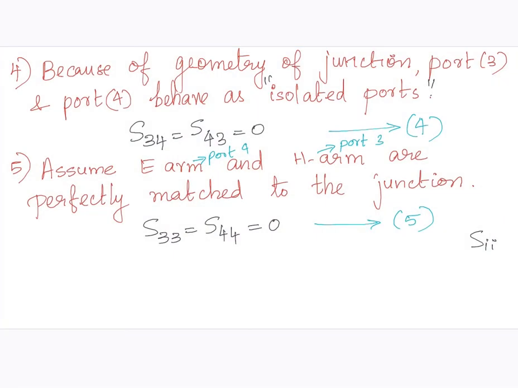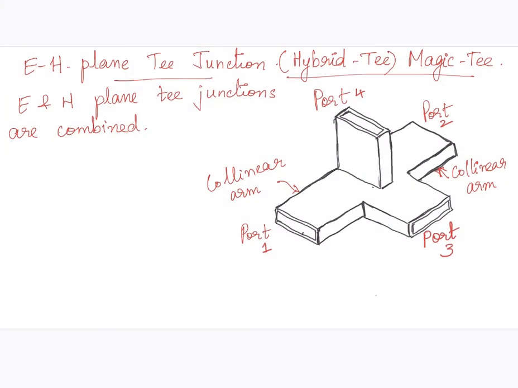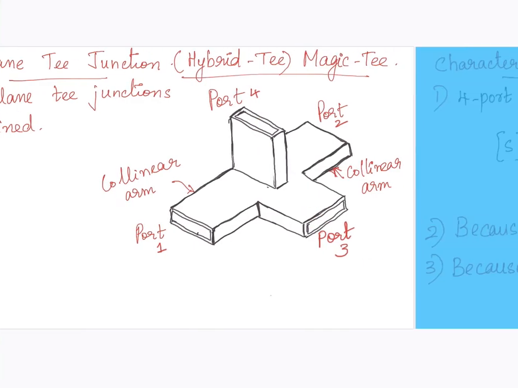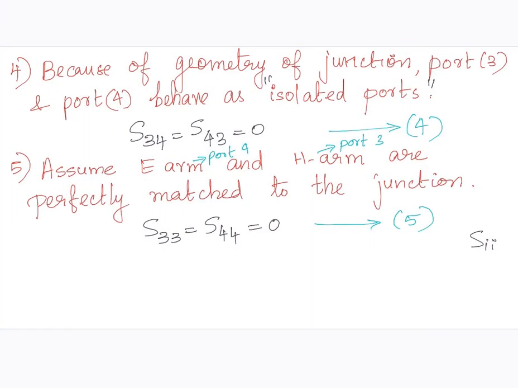Now here, when you consider the diagram, port 3 and 4 will act as completely isolated ports. That is, when you are feeding power at port 3, no power comes out of port 4. Similarly, when you are feeding power at port 4, no power comes out of port 3. So this can be represented as S34 is equal to S43, which is equal to 0.